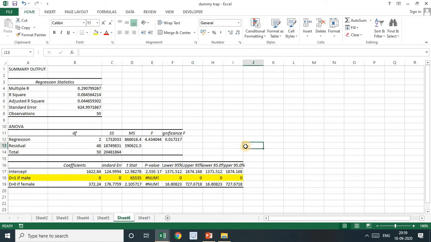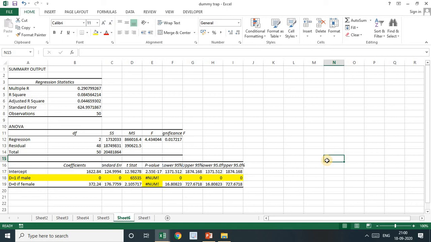We are not getting the values for the first dummy. And look here, for the second we are getting the values, but we are not getting the p-values. So what kind of problem have we encountered here?